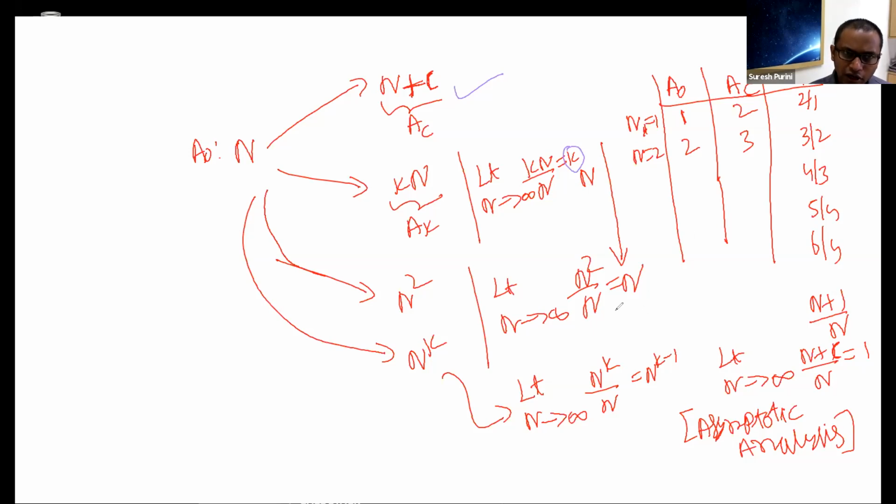But when the complexity of the algorithm becomes n square or n power k, then as the value of n increases, the gap keeps growing substantially large. So this is a problematic case and this is a problematic case.